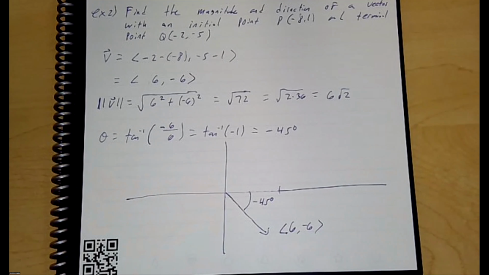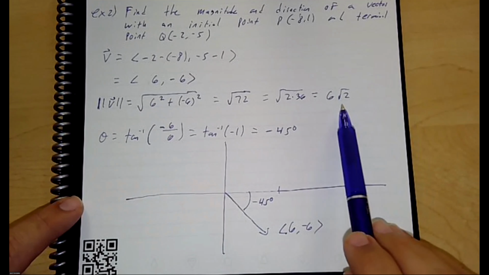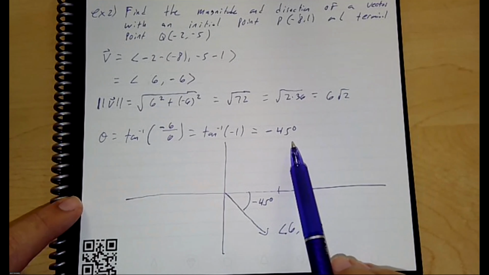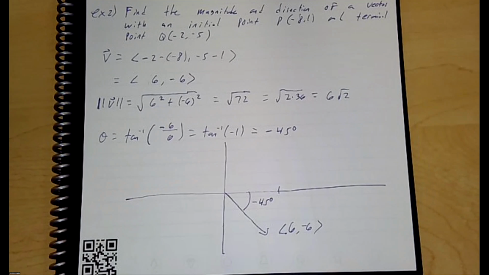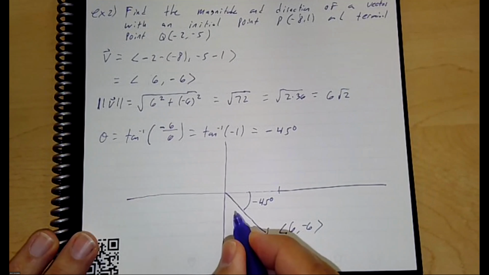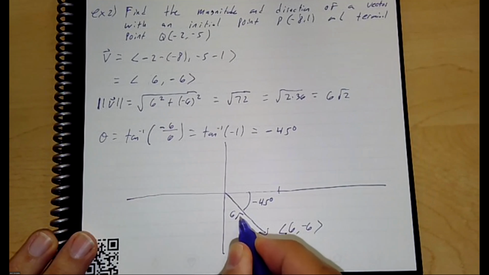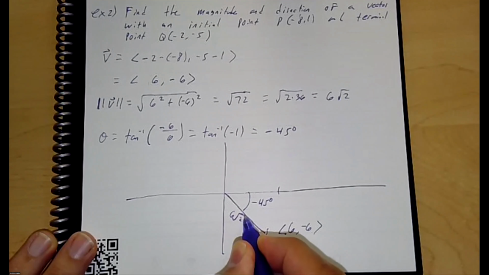Any questions on using the formula to find magnitude or the direction? Wait a sec. Okay, the magnitude is, do you want the answer in decimal or? A thing like this is fine. This is good. I prefer exact answers.